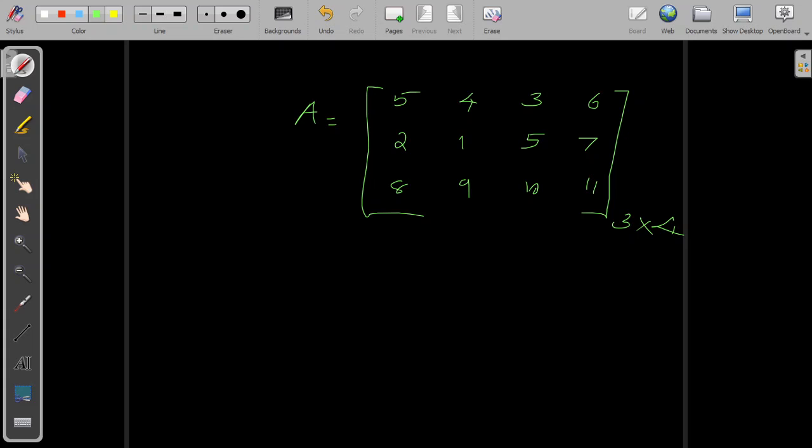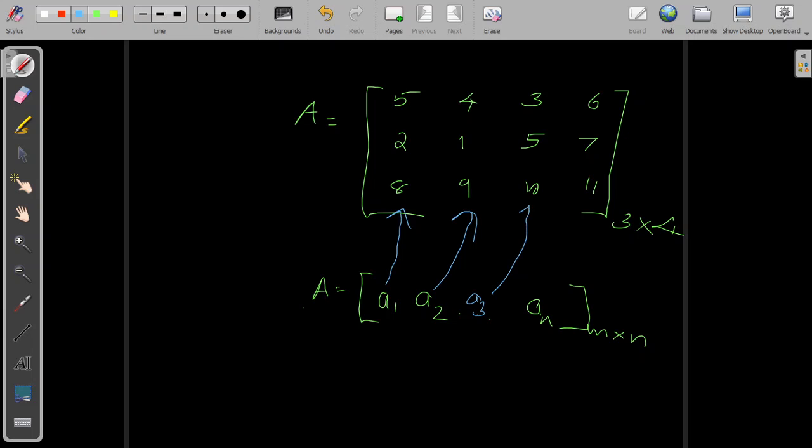Now in the definition, the author has written A equal to A1, A2, etc. An of order m by n. So what are these A1, A2, A3, An? These are not single real numbers. These are vectors. A1 corresponds to this vector, A2 corresponds to this vector, A3 we will get this vector, then A4 we will get this vector.